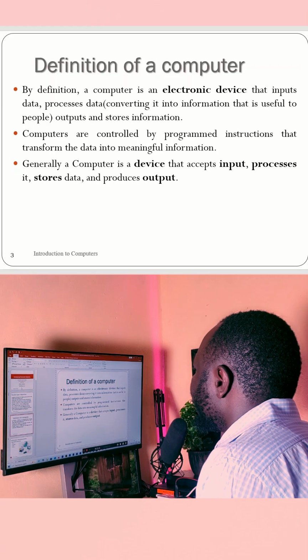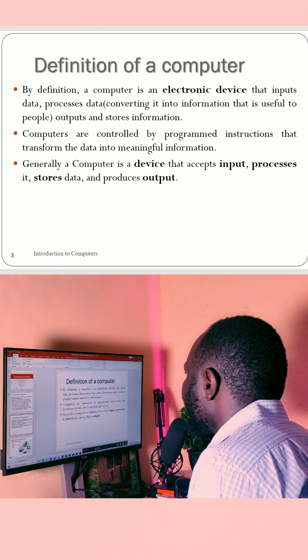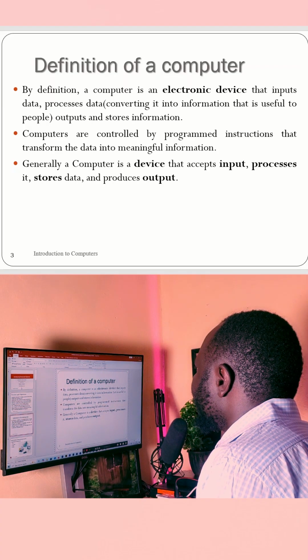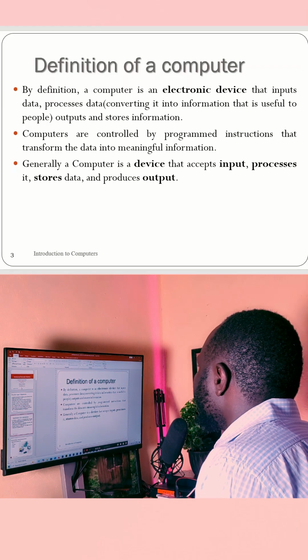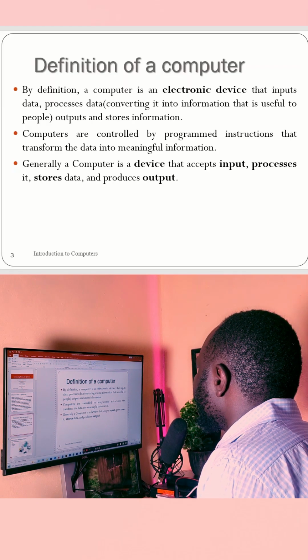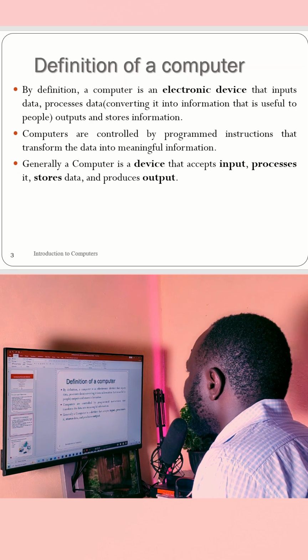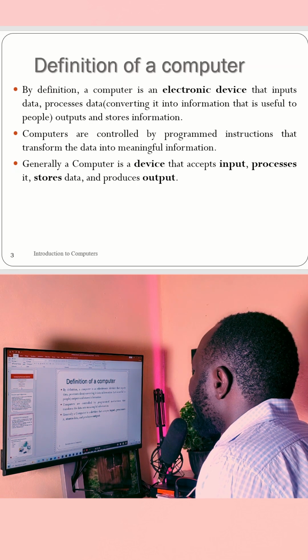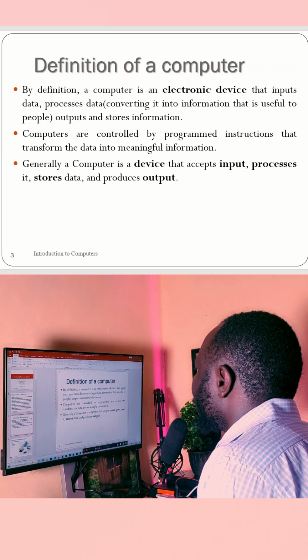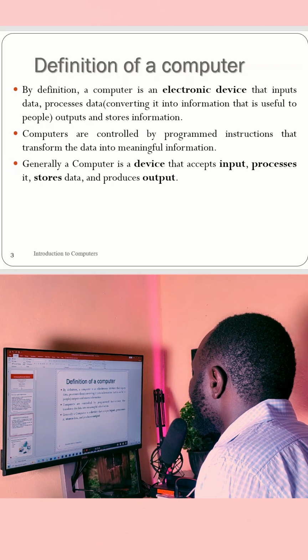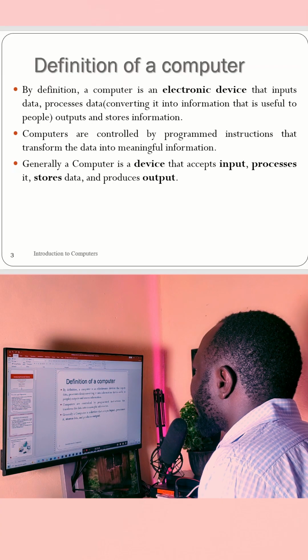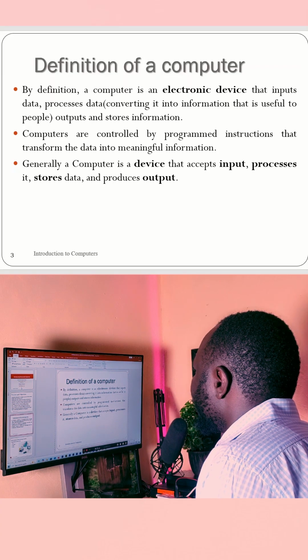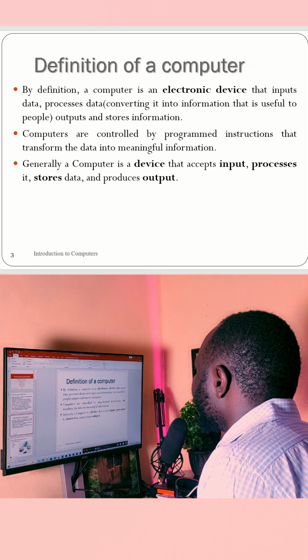But when we look at these various definitions, let's start with the very first definition. You're going to realize there are key terms that we need to understand in this definition, because they determine for us whether to call something a computer or not a computer. Let's start with the very first, which is electronic device.